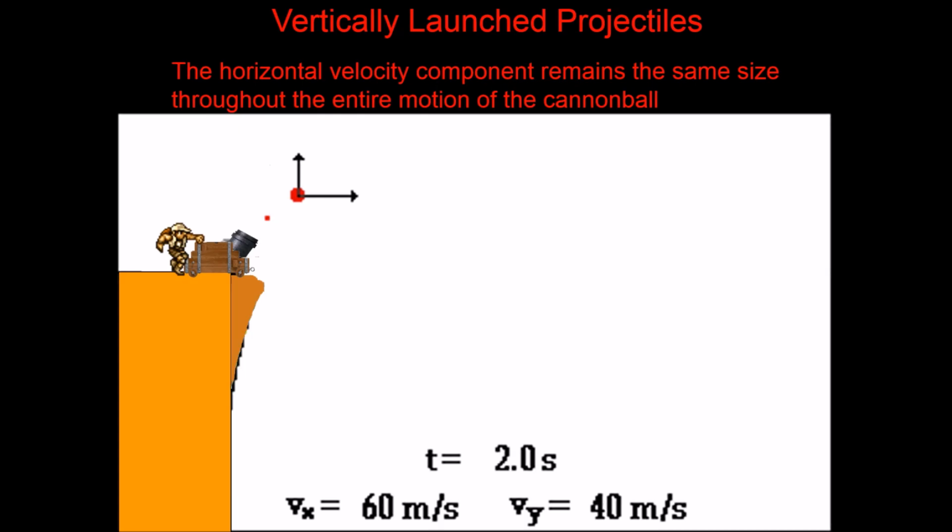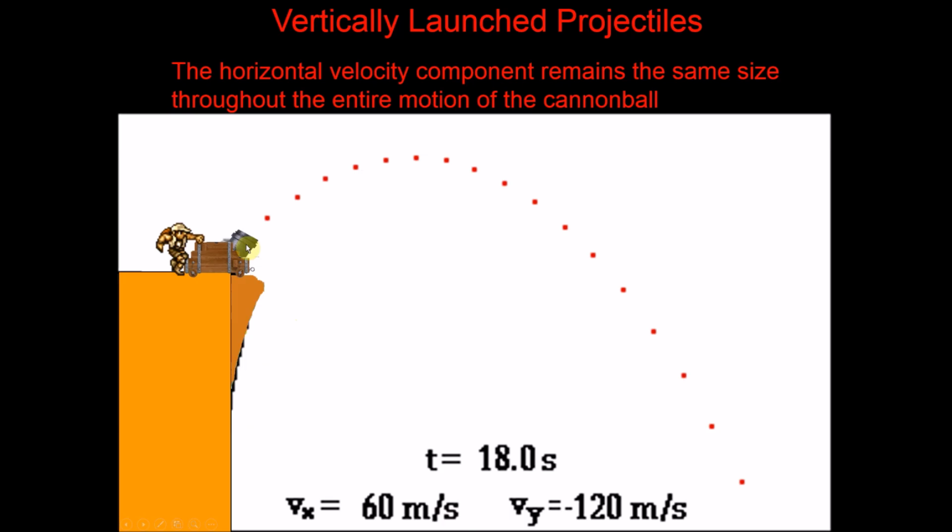So what we should have seen for our vertically launched projectile here is that gravity is always acting on our system. So if we fire something upwards with a y velocity and an x velocity, the x velocity is unchanged. The cannonball is fired from this cannon at 60 meters per second in the x direction.